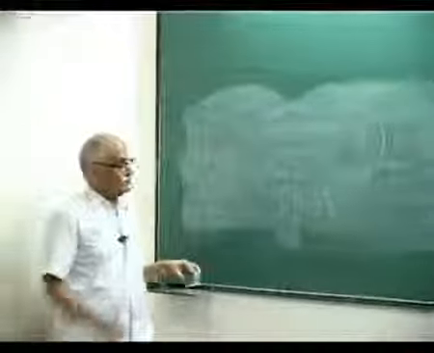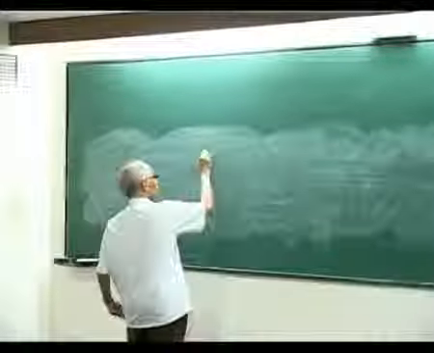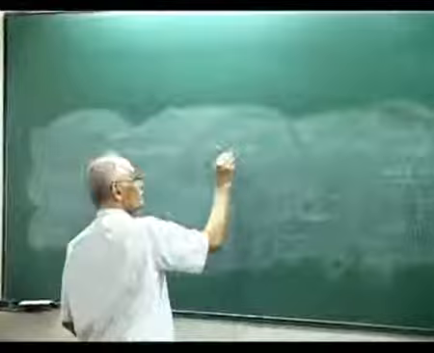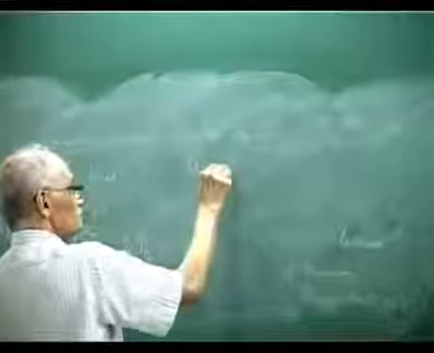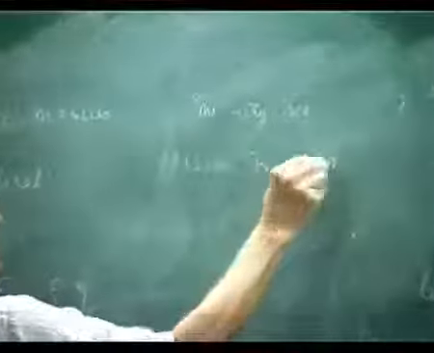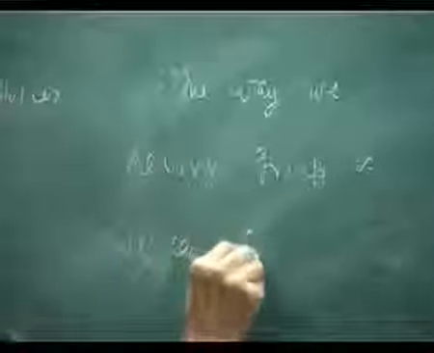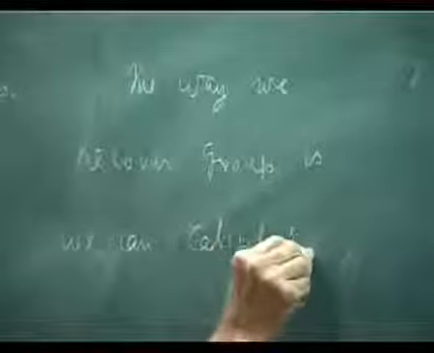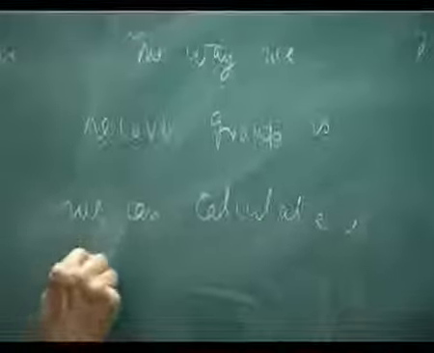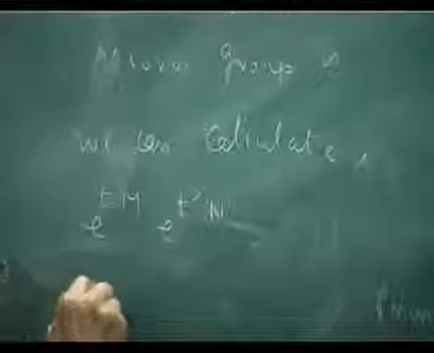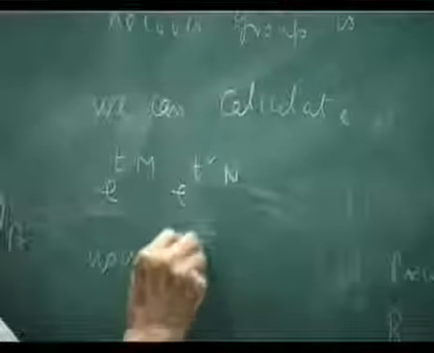Now what we are going to do is the following. The way we recover the group is we can calculate this object, exponential tM times exponential t' N, the product, using the Baker-Campbell-Hausdorff formula.